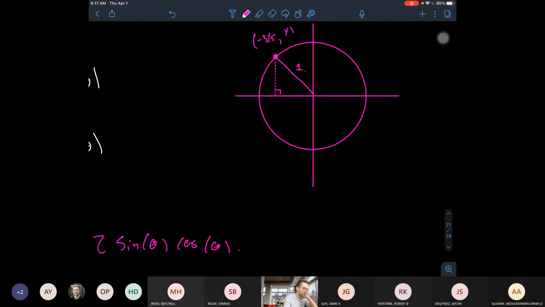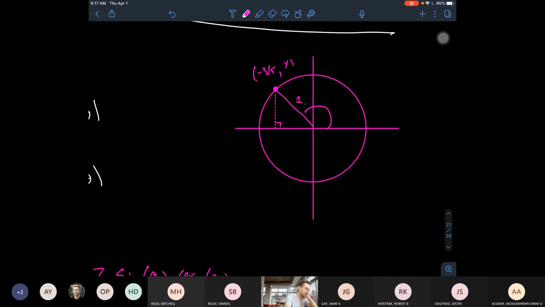So we are asked, actually, if this is theta, if we were to take that angle and double it, it looks like 135 times 2 would be like 270, so if we were to double it, it'd be somewhere down here. And we are asked, ultimately, what is the y value of this point?